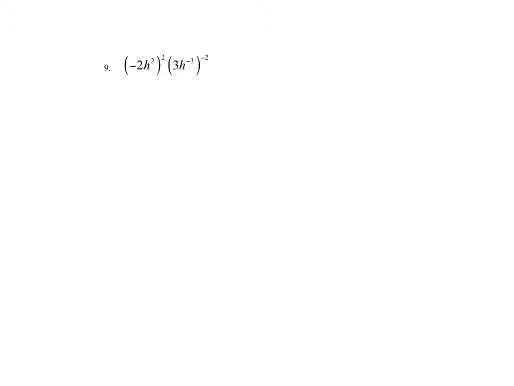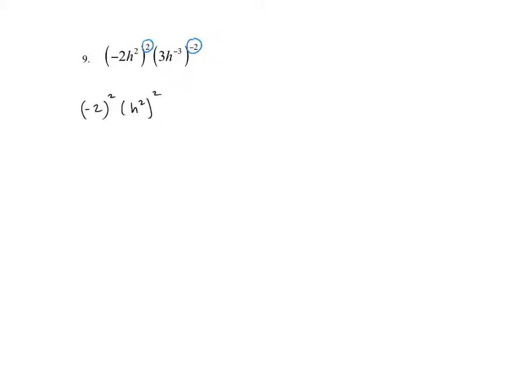All right, on this one I'm going to apply the power rule of exponents. So here I am squaring everything in that first parenthesis. So I'm going to take the negative 2 and square that. I'm going to take the h squared and square that. And now on this one, I'm going to take everything to the negative 2 power.